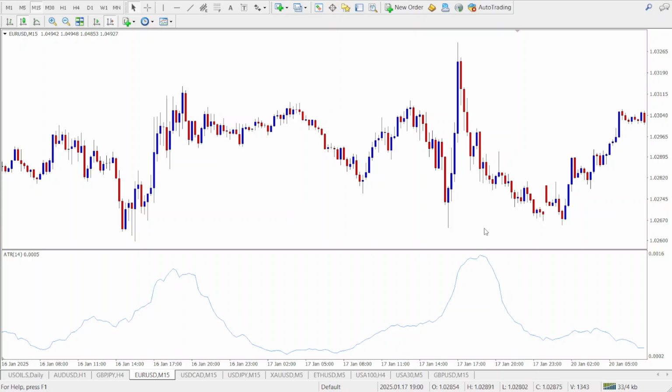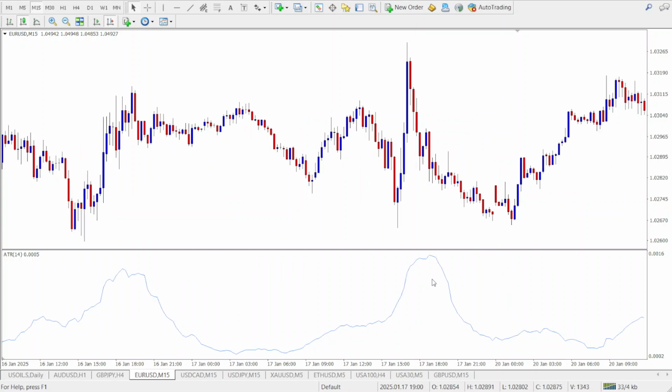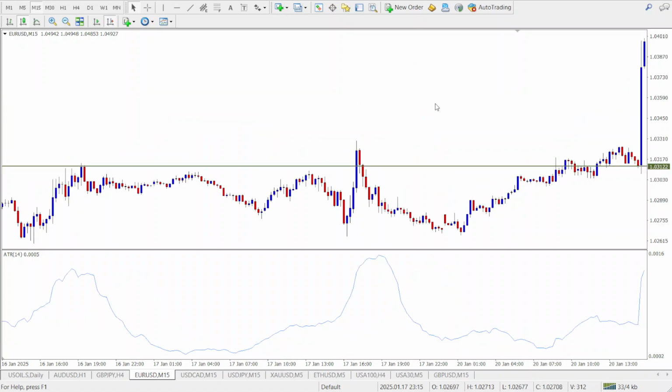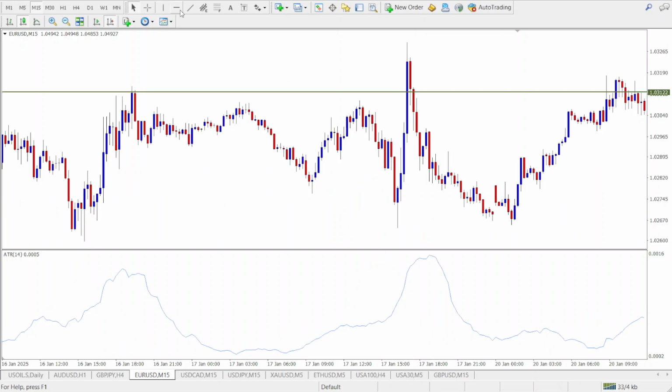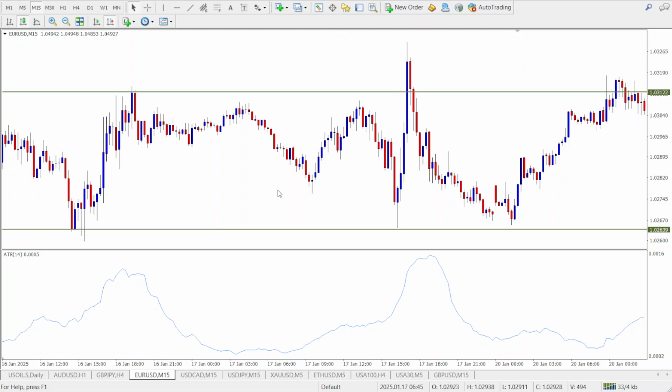ATR helps you add a layer of precision to your support and resistance analysis. Traditional static levels can sometimes fail during periods of high volatility, leading to false breakouts or premature entries. With the ATR you can adapt your support and resistance zones dynamically based on how much the market is moving.